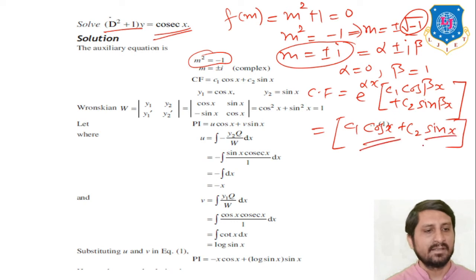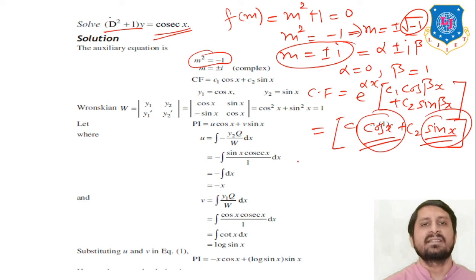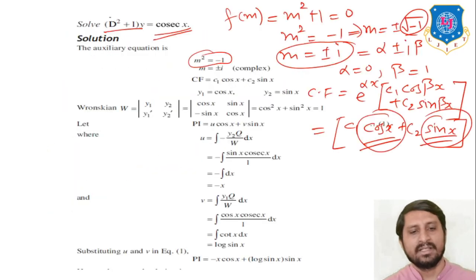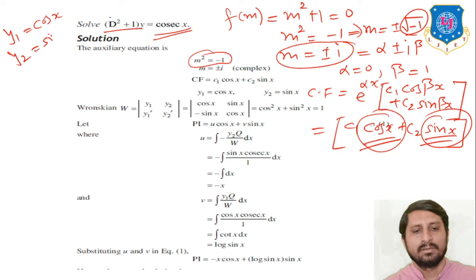Here cos x and sin x are now your y1 and y2. So y1 is cos x and y2 is sin x.